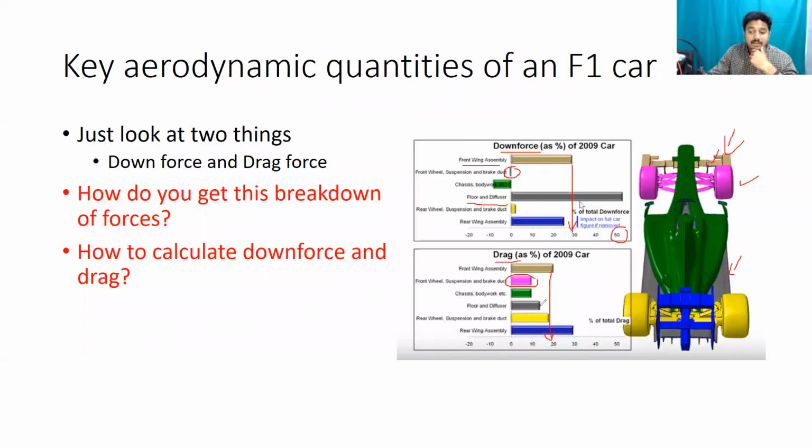But the drag on those is much less, say 15%. This is where the concept of aerodynamic efficiency comes in. Whenever you're creating downforce, you're obviously going to increase your drag, but you need to design your components in such a way that the increase in drag is not a lot.